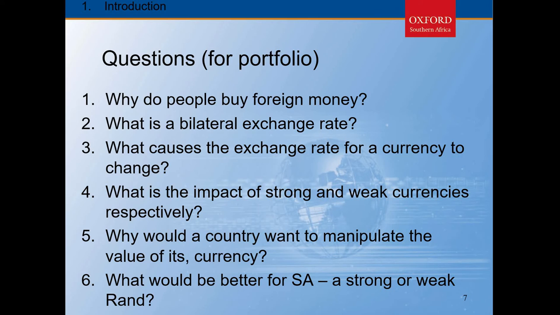For example, the current exchange rate for a US dollar is approximately 18 Rand 50 for one US dollar, which has changed from about 12 Rand 50 at the beginning of the year. If you swap that round, it basically says, okay, I'll get to that later. Let's just leave it there for now.